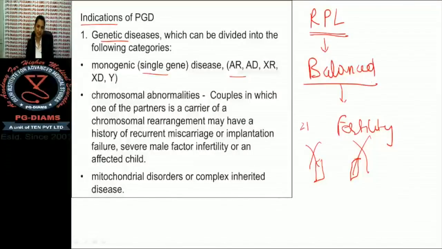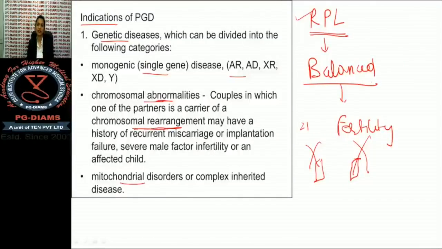So balanced translocation after gametogenesis and fertilization changes into unbalanced translocation, which can cause recurrent pregnancy loss. So if you have a history of recurrent pregnancy loss with known balanced translocations, then you know which translocation you are looking for in the embryo. In those cases, it will be called pre-implantation genetic diagnosis.